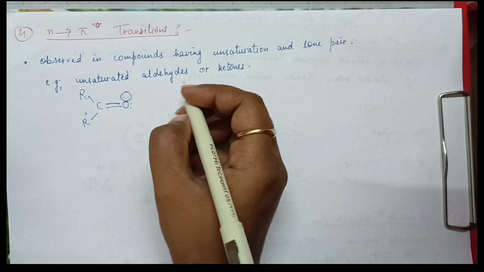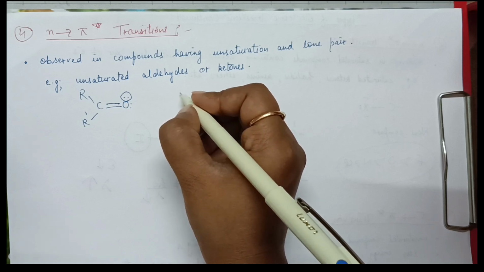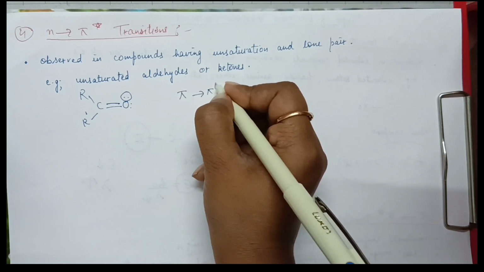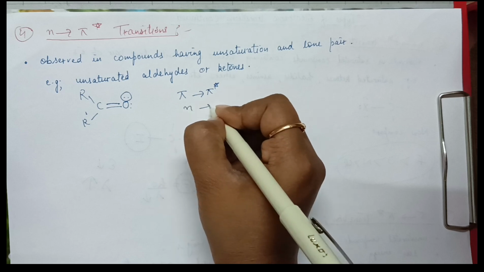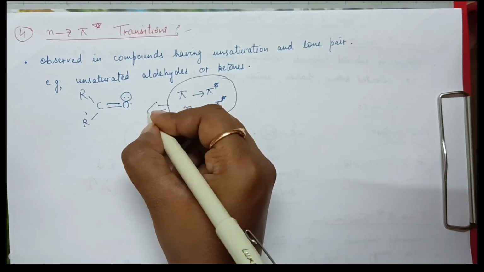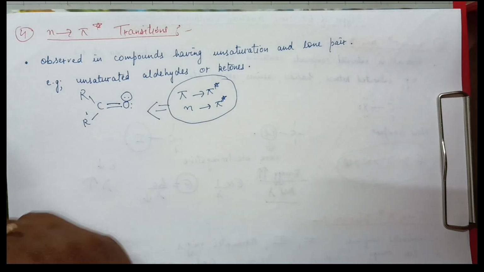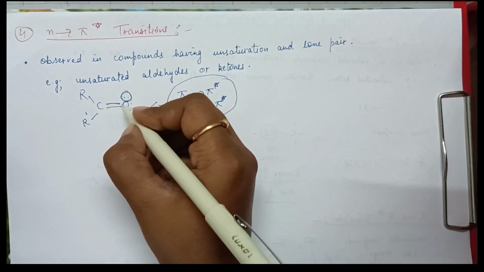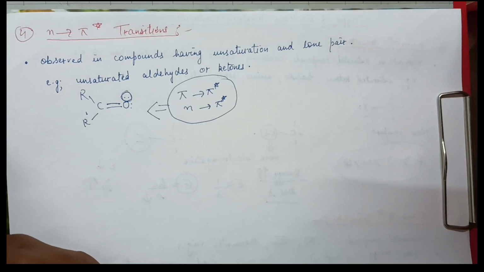So these type of compounds show both type of transition, that is pi to pi star also and n to pi star also. So both of these type of transitions will be shown by these type of compounds which are having some lone pair and the unsaturation. So this is about the n to pi star transition.